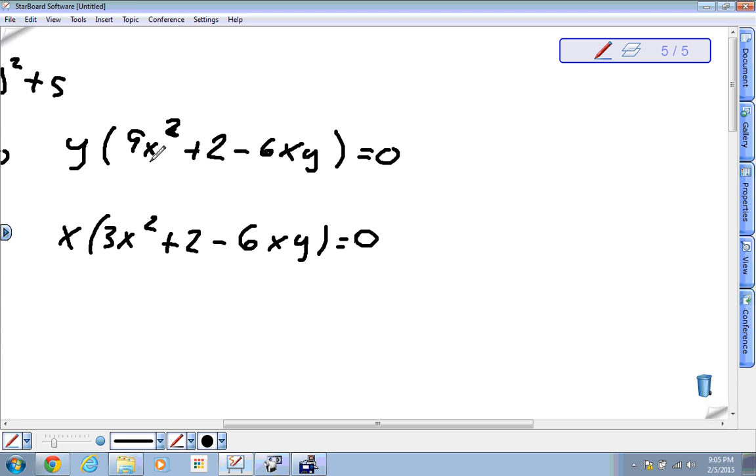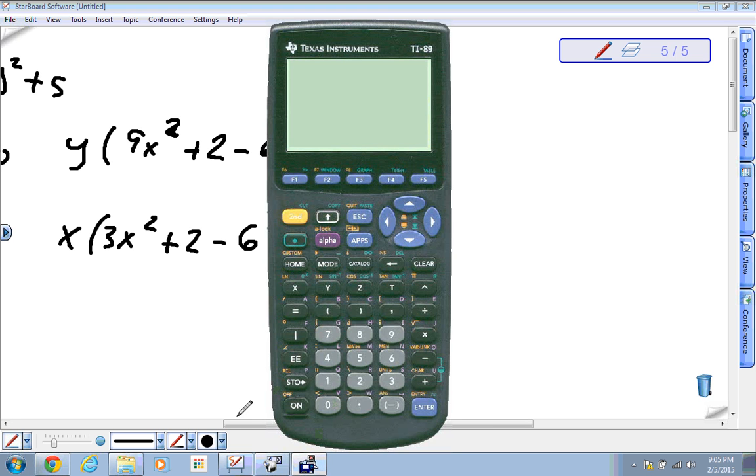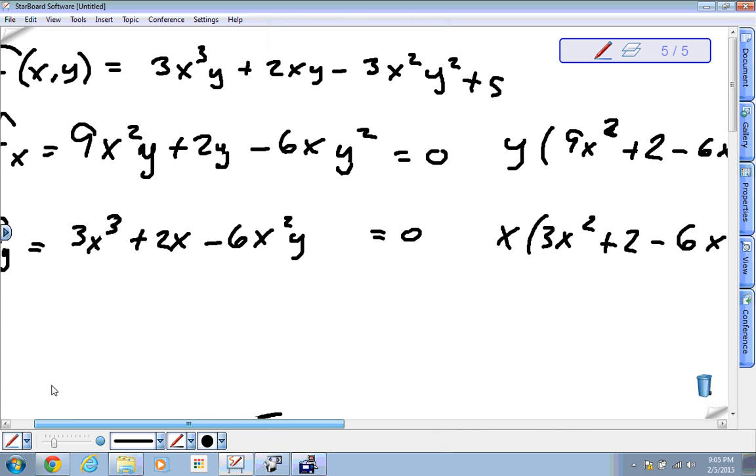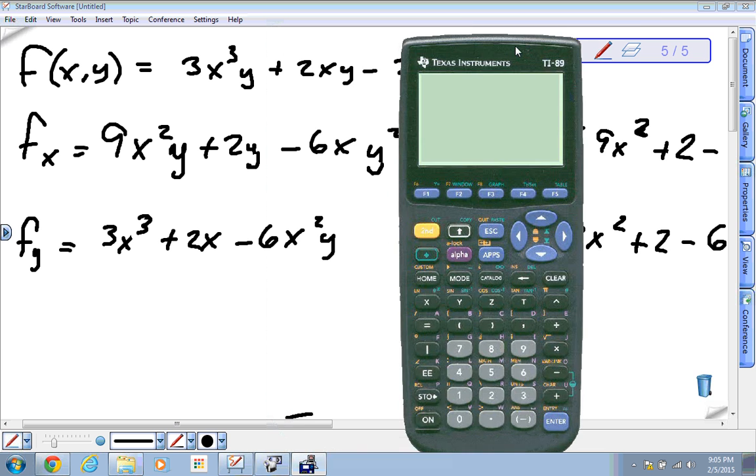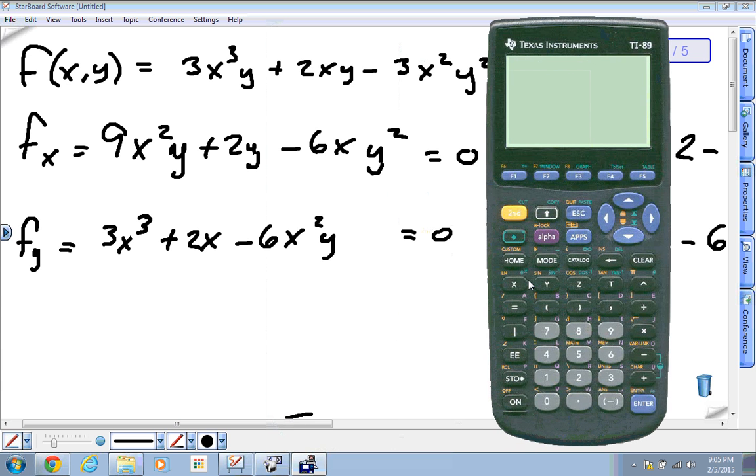Alright then. So I factor an x and a y out of each of them. So obviously 0, 0 makes it possible. These also may have solutions, right? So point is I can take my calculator and I can solve these guys. Now this is probably the messiest one that you will see. It isn't that horrible.